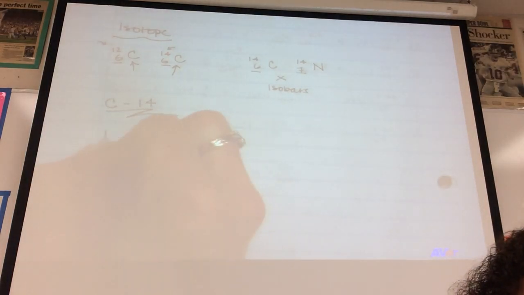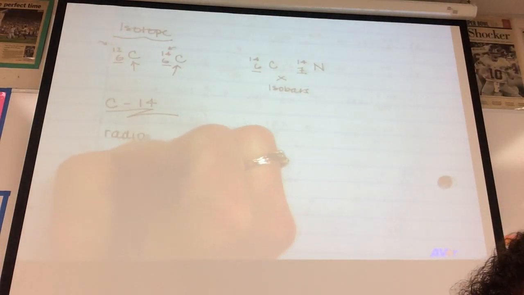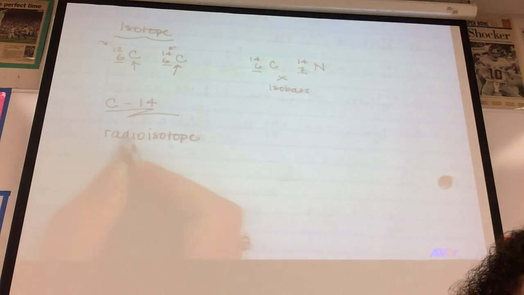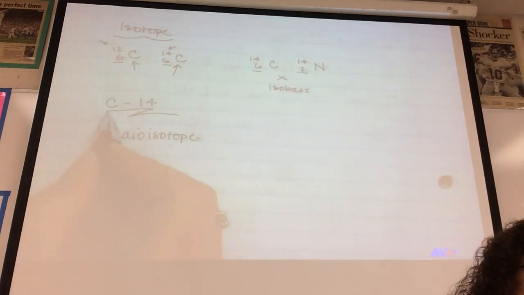And this is a radioisotope. And when you have a radioisotope or a radioactive isotope, this particular atom has an unstable nucleus that breaks down. And when it breaks down, it releases radiation.